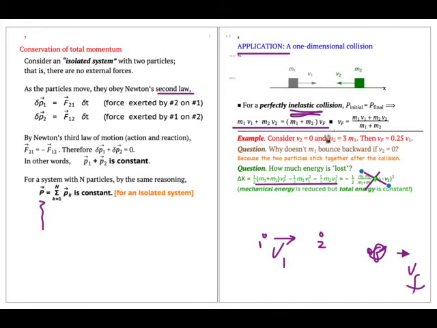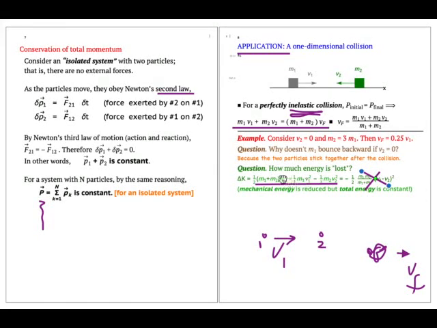At least for this problem, where v2 is 0, I just have 1/2 (m1 plus m2) times m1 squared over (m1 plus m2) squared, times v1 squared, minus 1/2 m1 v1 squared minus 0.